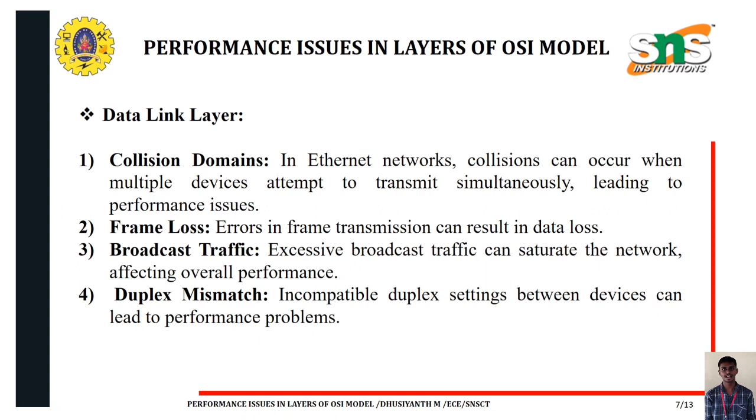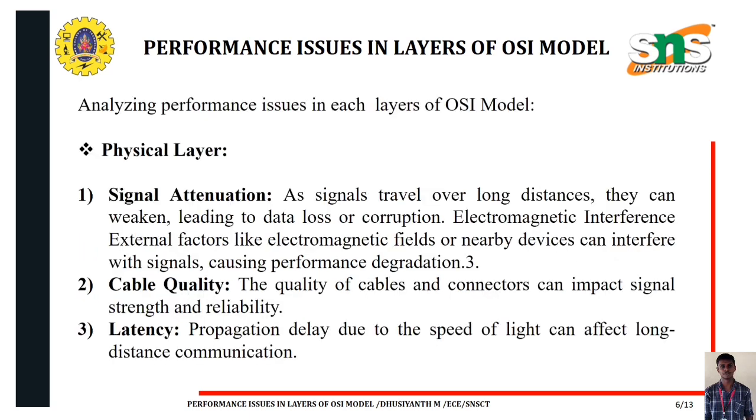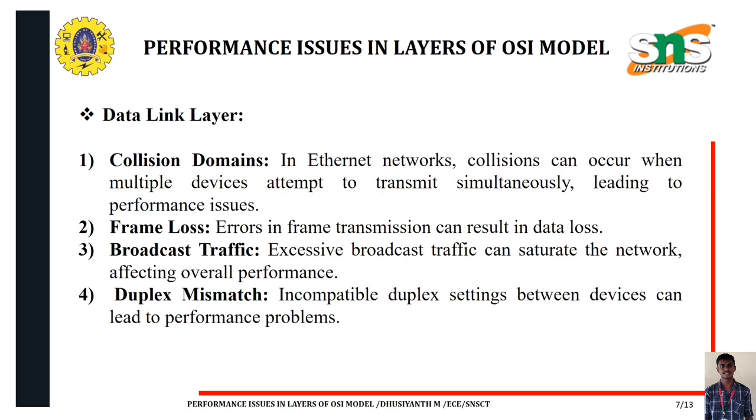And frame loss. Errors in frame transmission can result in data loss. Broadcast traffic. Excessive broadcast traffic can saturate the network, affecting overall performance. Duplex mismatch. Incompatible duplex settings between devices lead to performance problems.